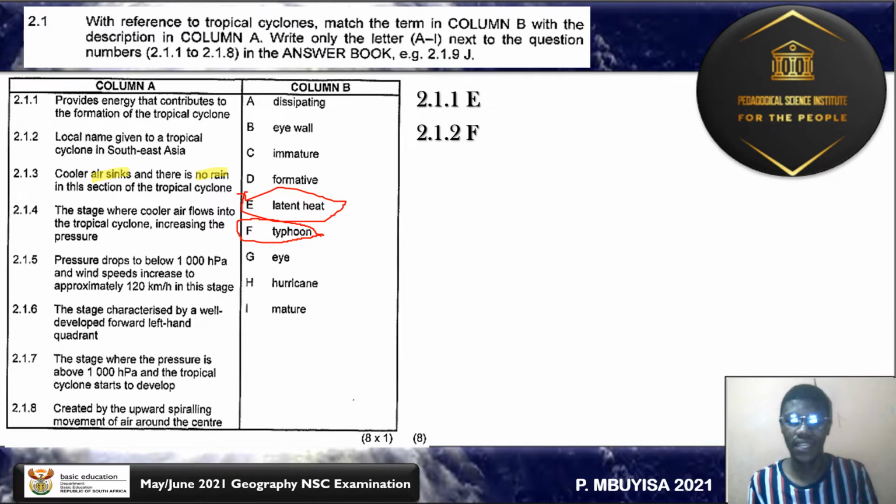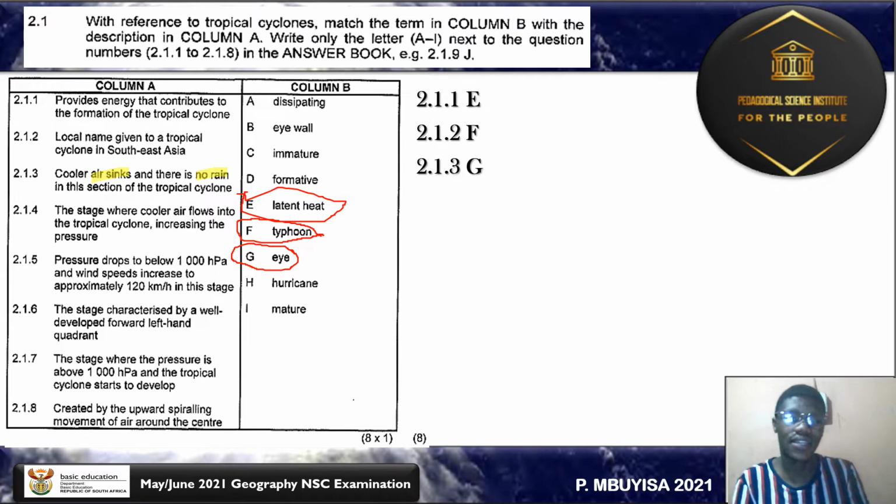Remember that we covered that in the eye, conditions of the eye, there are stable weather conditions, which means that there is no rain, no cloud cover, there is cool or cold sinking air, and as it sinks it warms adiabatically within the center of the cyclone. So the answer is 2.1.3 is G.